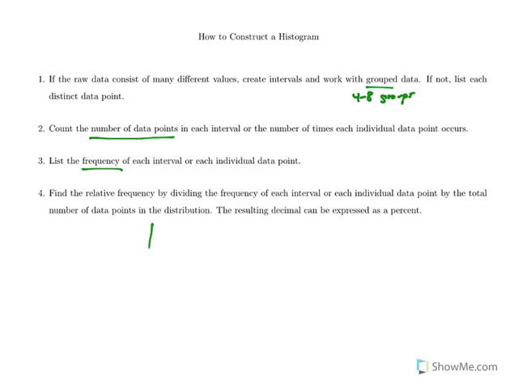We're always going to have relative frequency on the left, or the vertical axis. And then we're going to have our groups on the horizontal axis.